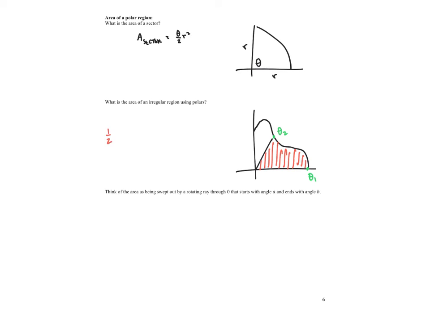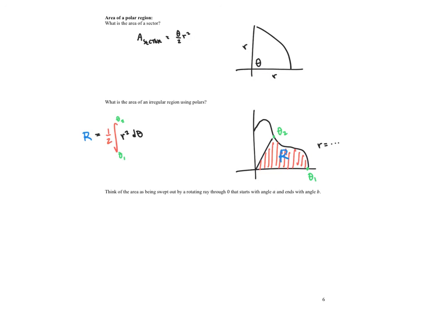So I would take 1/2, let's call that region R. Region R would be equal to 1/2 the integral from theta 1 to theta 2 of whatever the curve is represented by, with respect to theta. Okay, so think of an area like this as being swept out by a rotating ray.